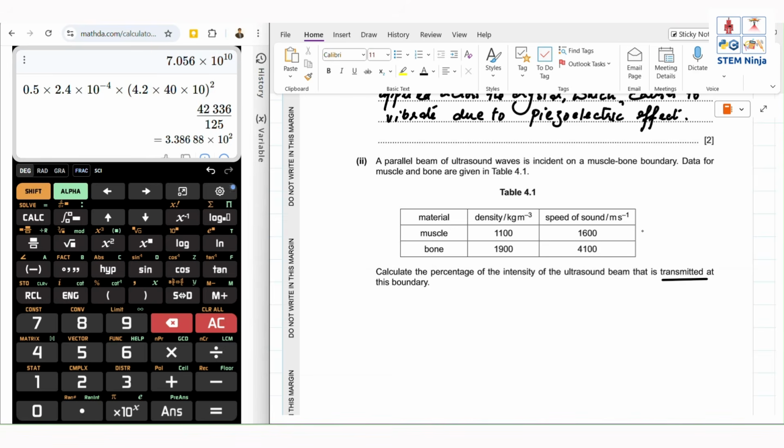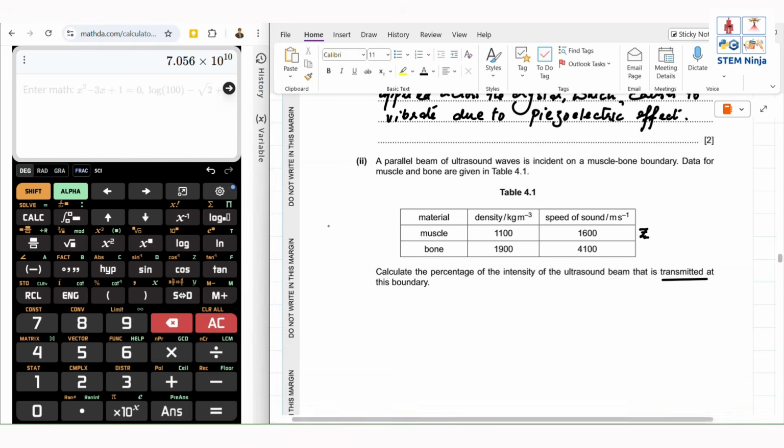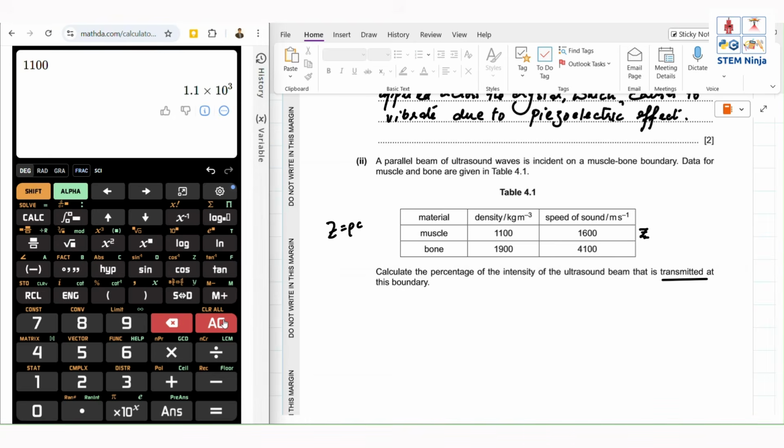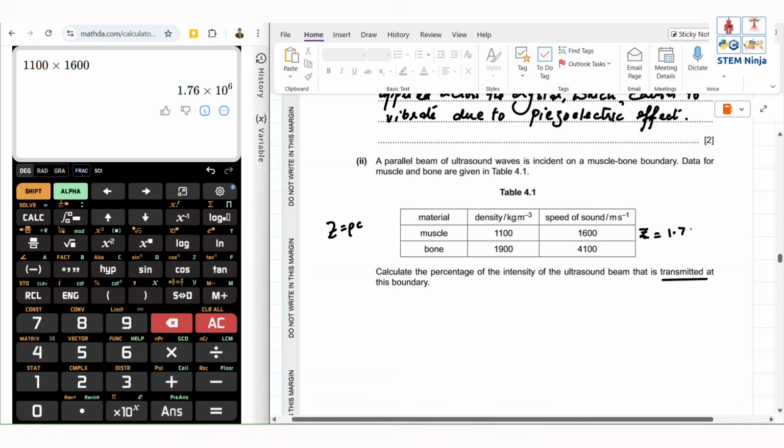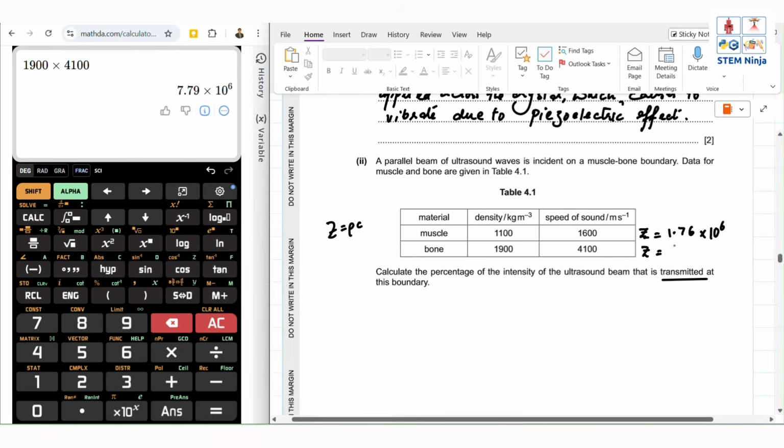First, we need the acoustic impedance values. Z is equal to rho C, or rho V. So 1,100 times 1,600 is 1.76 × 10^6. And for this one, 1,900 times 4,100 is 7.79 × 10^6.